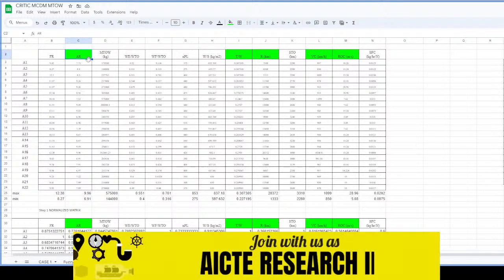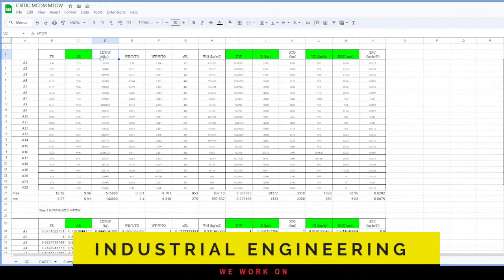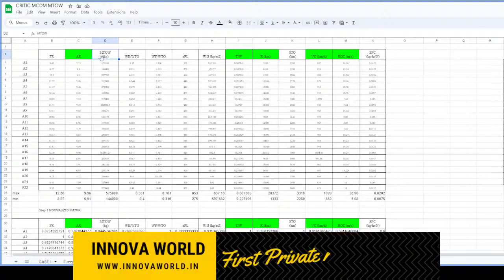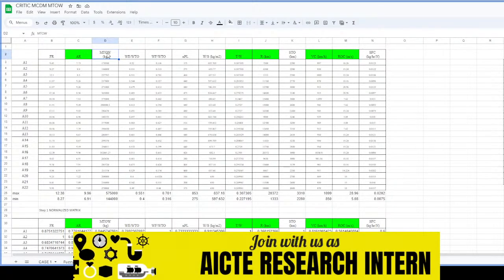For example, if I talk about aircraft, we don't want any flying vehicle to increase in weight. It's a simple thing. So when we want to decrease a certain factor, it comes under a non-beneficial criteria.